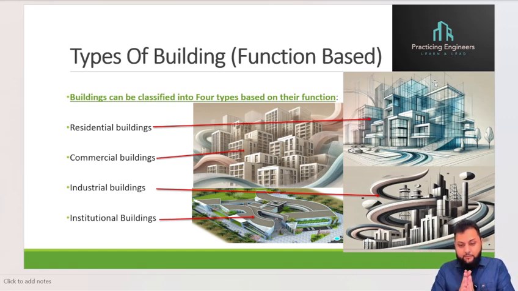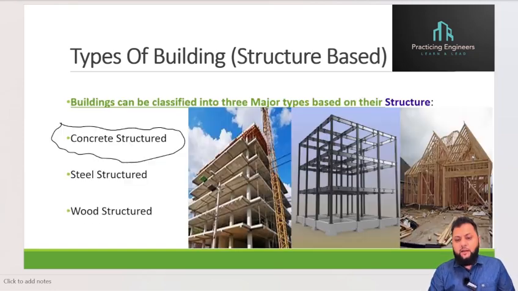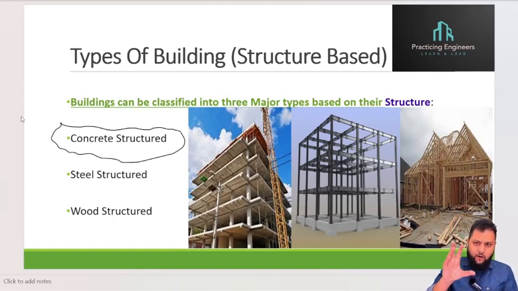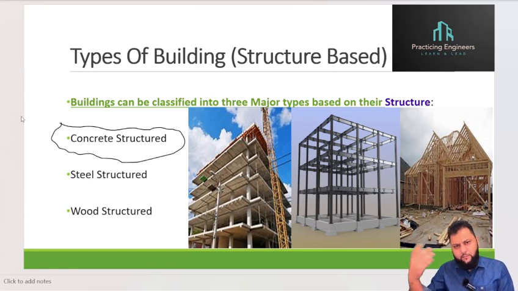So these four types were function based. There is one other type that is structure based. They are mainly divided into three, then subdivided into many types. Here we will discuss the main three types: concrete structure, steel structure, and wood structure.